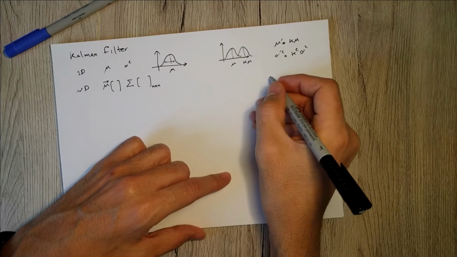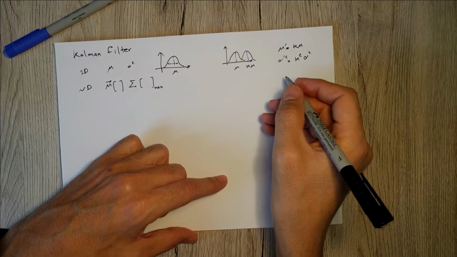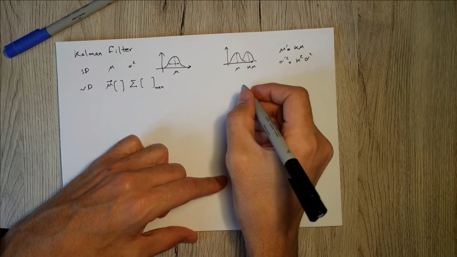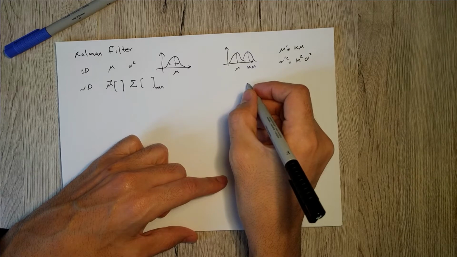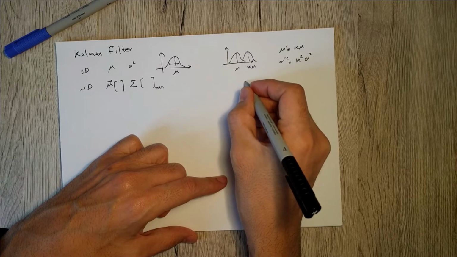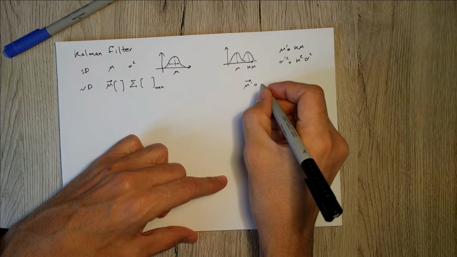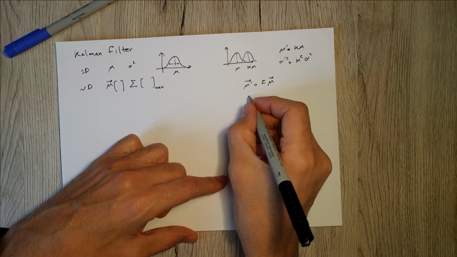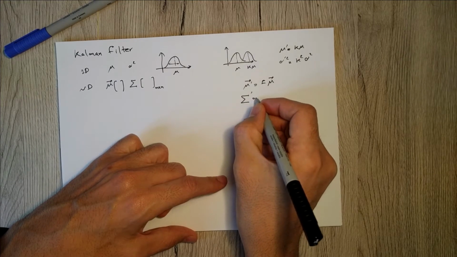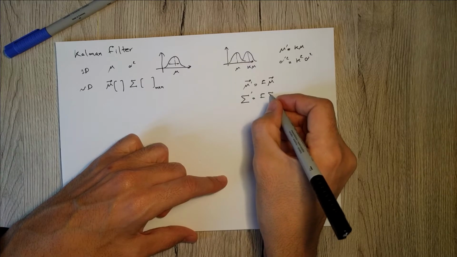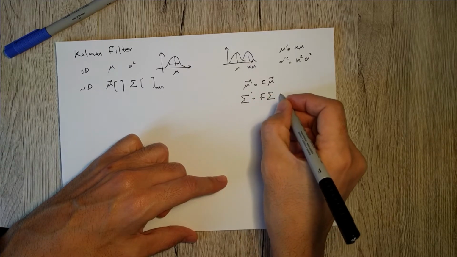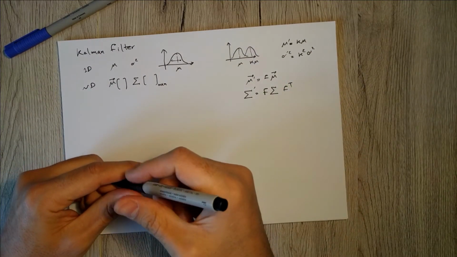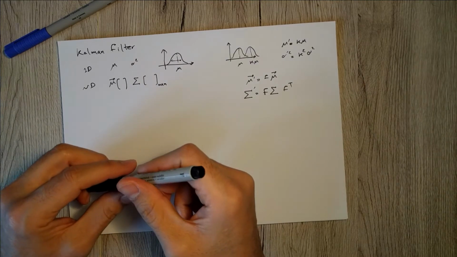And in the case of n-dimensional, if you multiply every point by a matrix, for instance called F, then your new mean vector is gonna be F times your old one, and your new covariance is gonna be F times the previous covariance multiplied by F transpose. So these are some properties that you have to know before we continue.